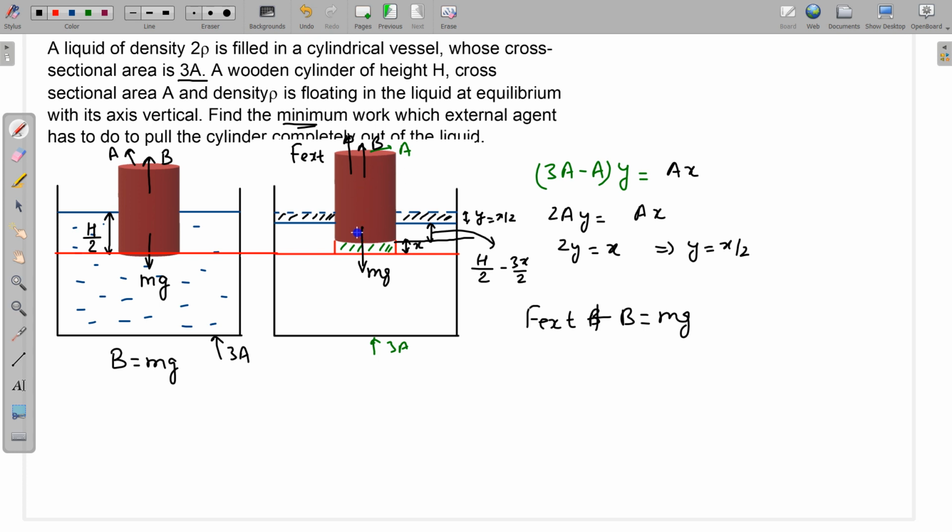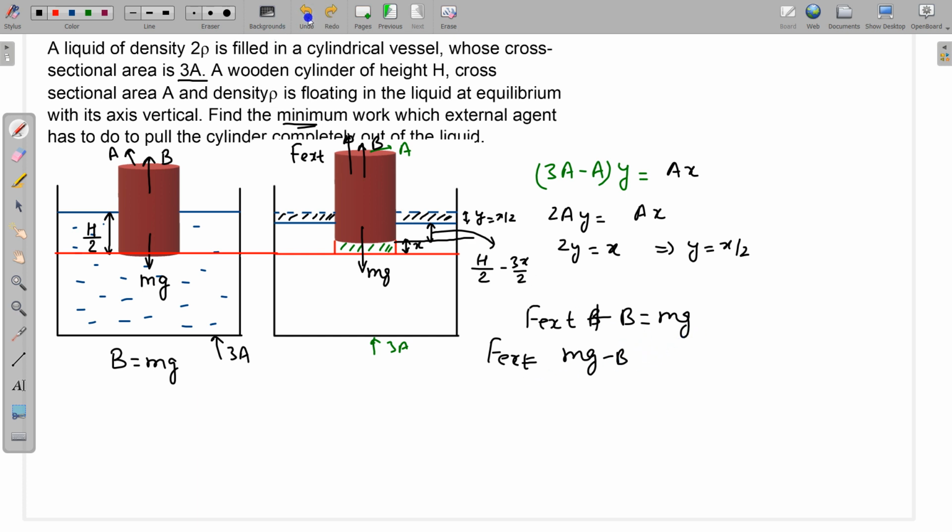The cylinder is being pulled slowly out of this container. F external is equal to mg minus this buoyancy force. As I said earlier, this external agent has to do work against this net downward force, mg minus b.